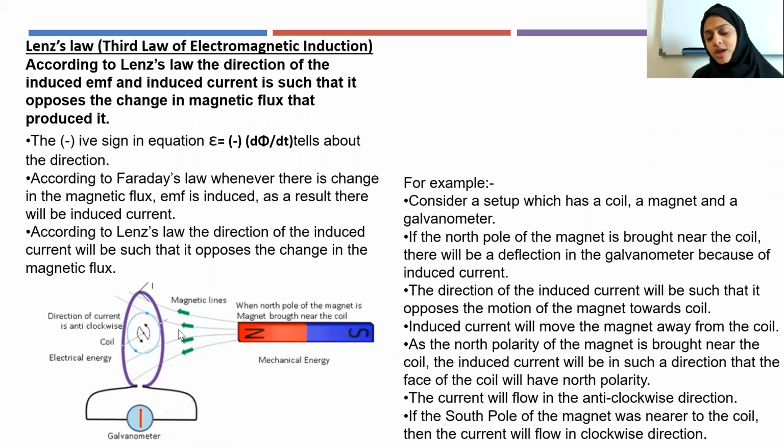So, how can this coil of wire oppose this motion? The coil of wire wants to push the bar magnet back. So it needs a north pole again, right? Yes, so it needs a north pole here so that it will oppose the bar magnet coming to it.